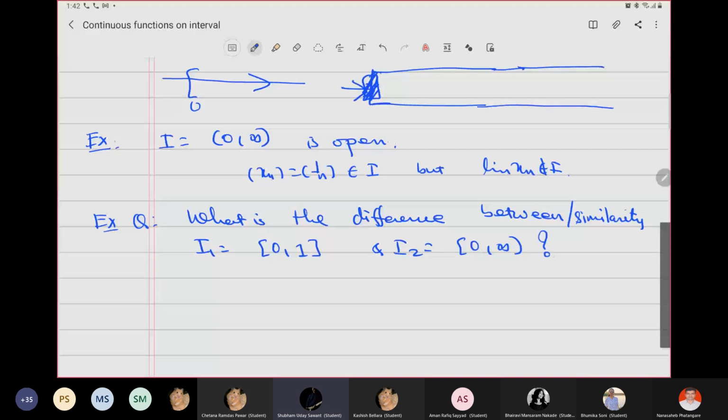Both are closed. Yes, I1 and I2 are both closed. Okay, now what is the difference? This is a crucial thing that we are going to use in the further discussion. What is the difference now?